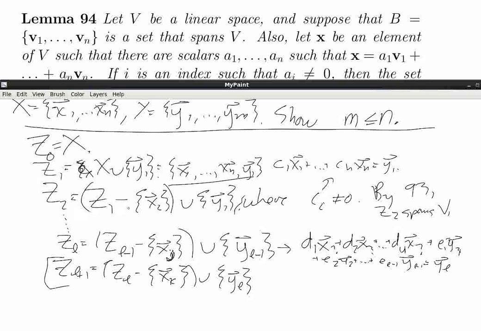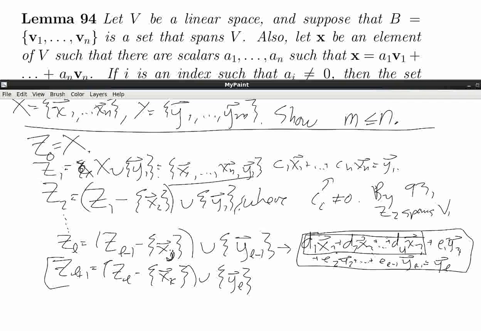And then if I know that 3 is a spanning set, then 3 will get you 4, etc. So as long as I have some coefficient here that's non-zero, I can replace it with y sub L. But I only want to replace these.